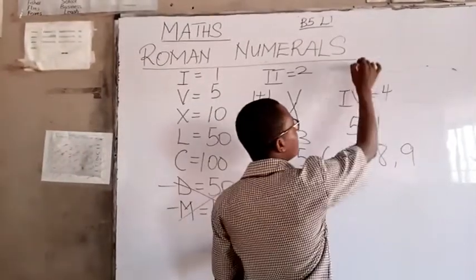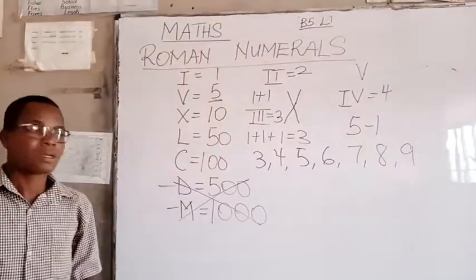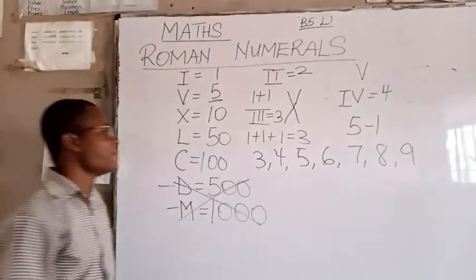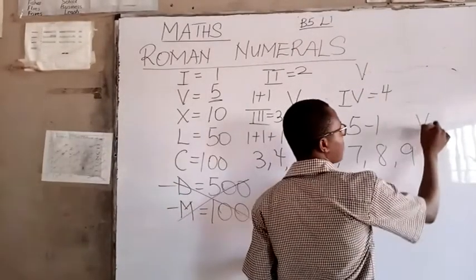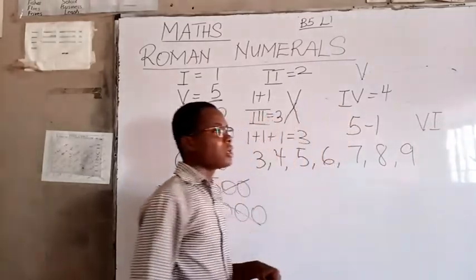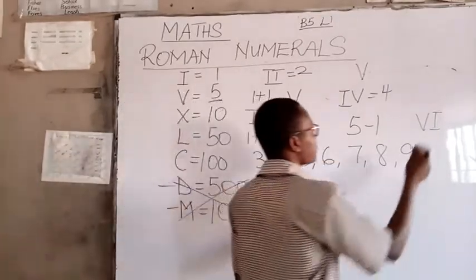So V is what? 5. 6 is VI. So there is a clear difference between 4 and 6.